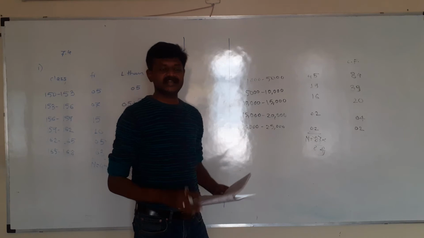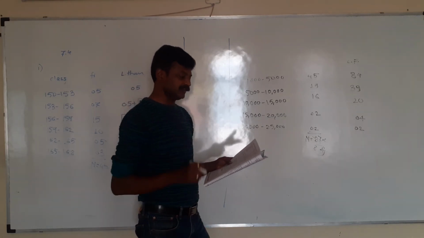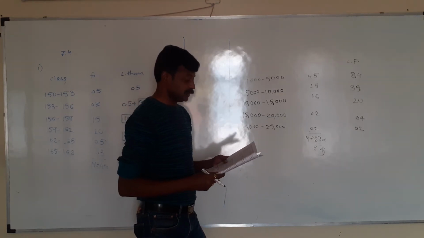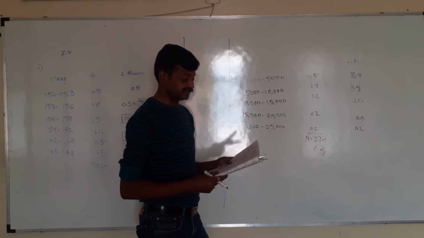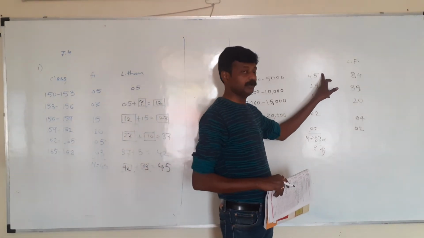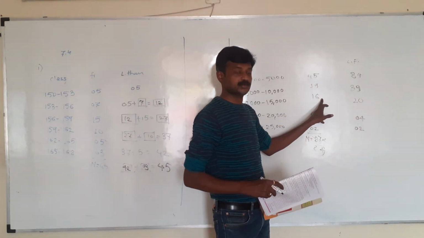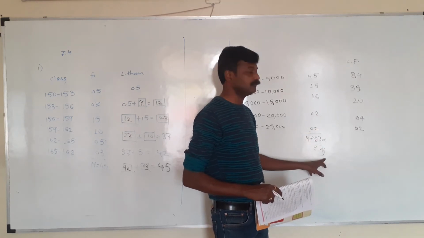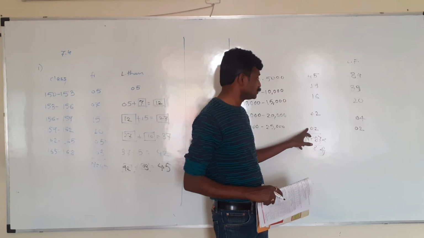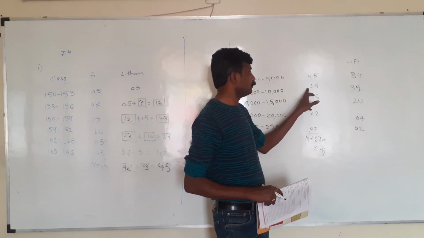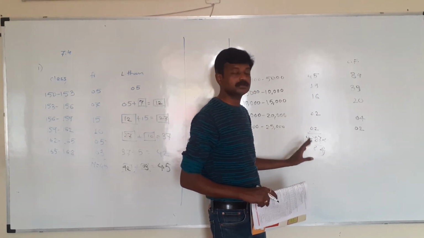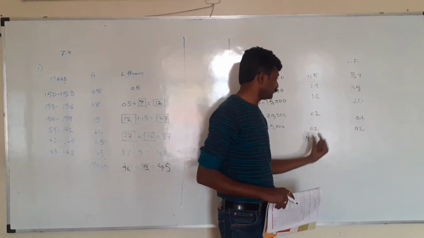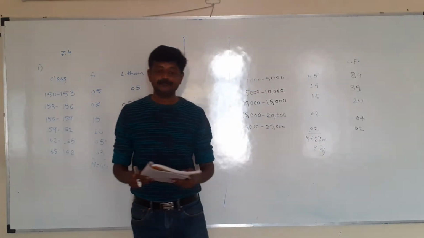So the correction is there in the textbook: the total of the frequency mentioned there should be 84, not 87. The cumulative frequency total will also come here as 84.